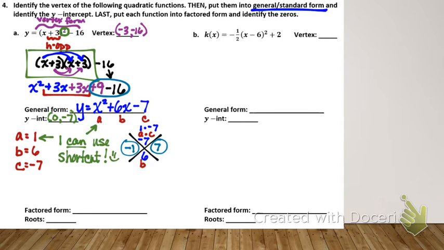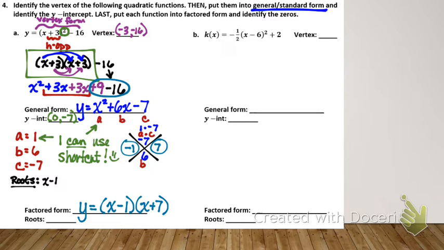So factored form, I would have y equals what? X minus 1 and x plus 7. To use that to find the roots, which is the very last part of this question, what do I do with my factors to find my roots? Set them equal to 0.